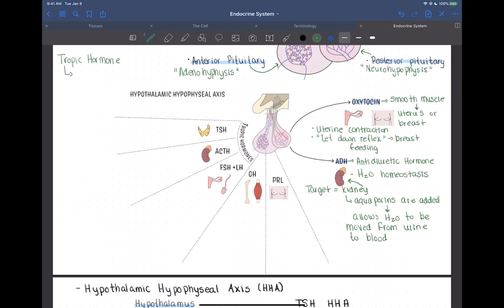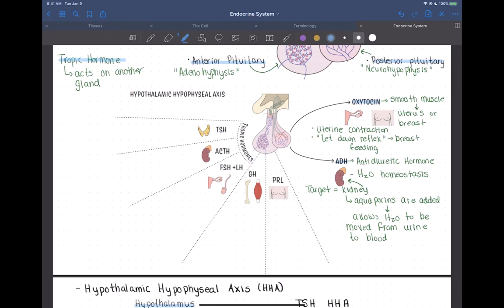So instead of going and causing an effect on a tissue, it causes another gland to secrete. Generally, it's going to be another hormone, all right? So it acts on another gland. Okay, that is a tropic hormone.